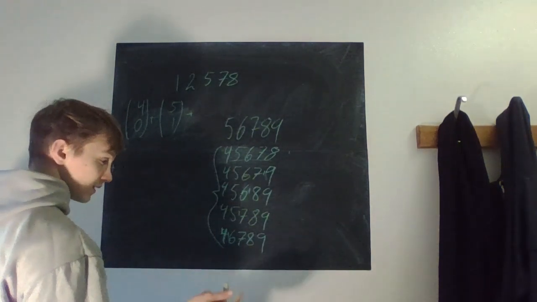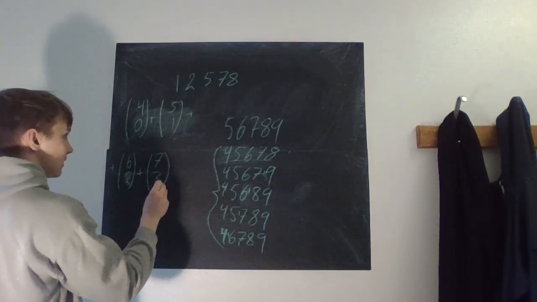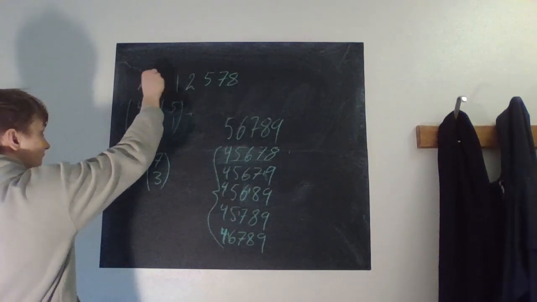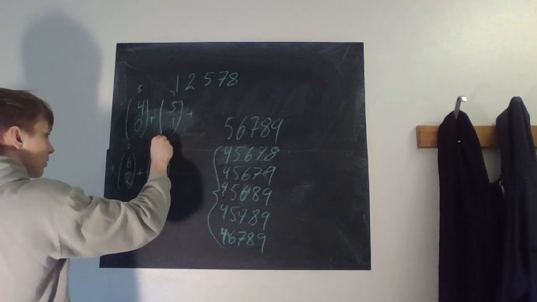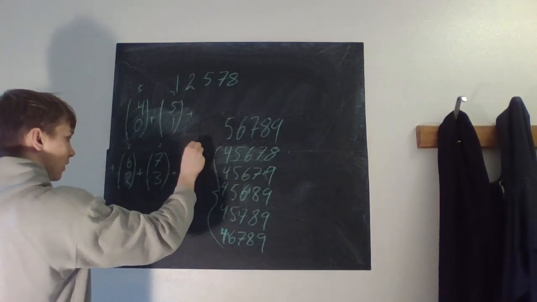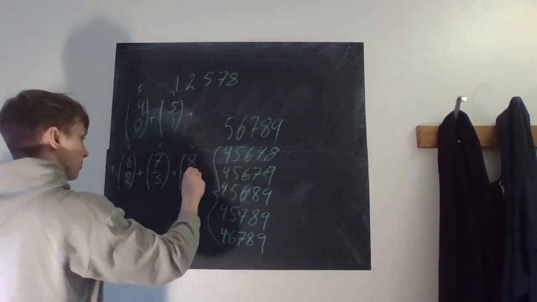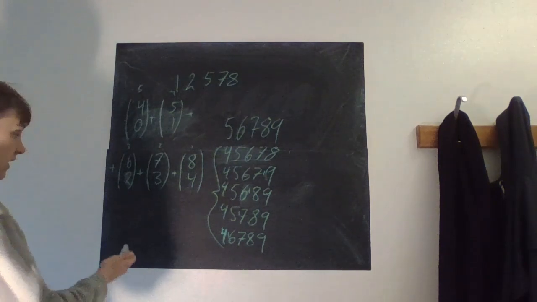That is 6 choose 2, and then we're supposed to choose 3 out of 7. So we started with a 5, this is what happens if you start with a 4, now we start with 3, and then 2, and then the smallest we can start with is a 1, obviously. So then we're supposed to choose 4 out of 8. And this works as an answer.